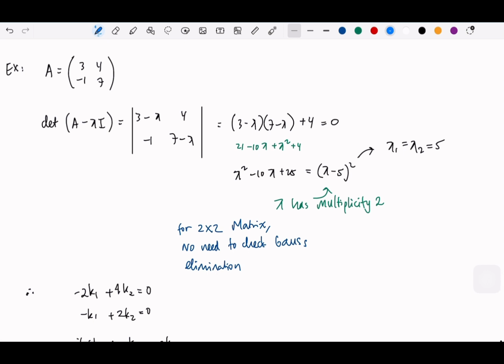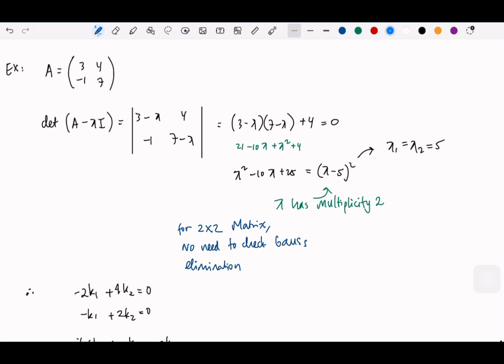Although they have the same eigenvalue, 5, because this is lambda minus 5 squared, we say that this is going to be a multiplicity 2. So it has multiplicity 2, which means that it has this similar eigenvalue.